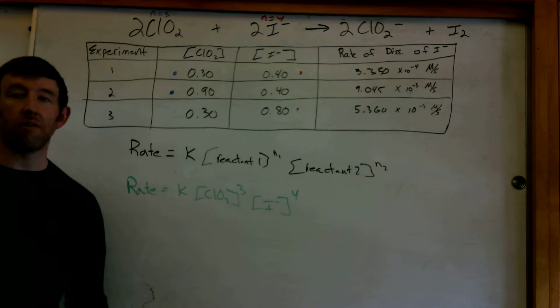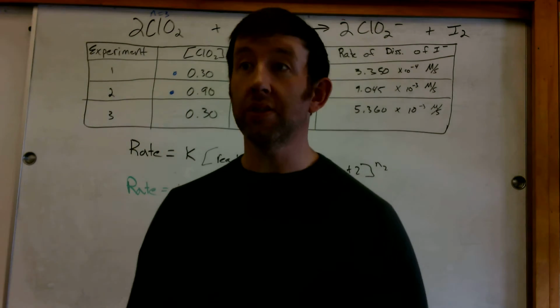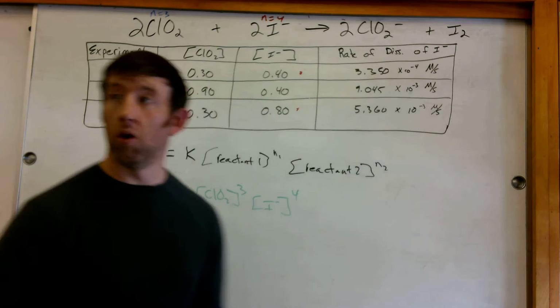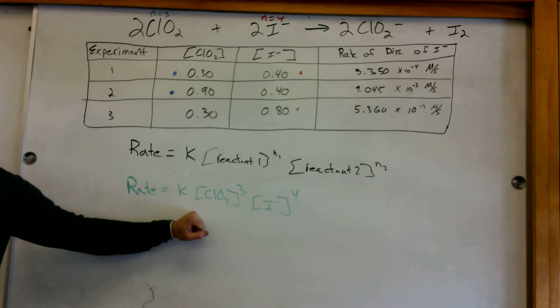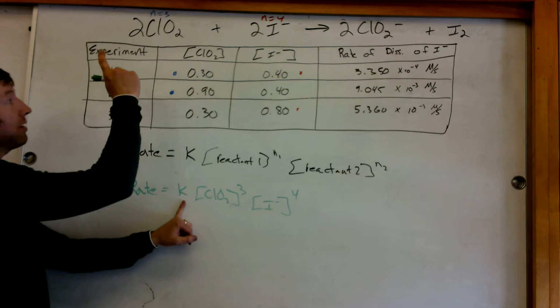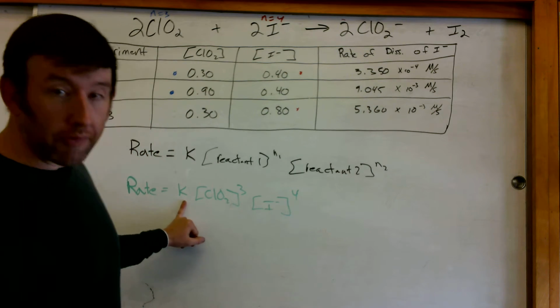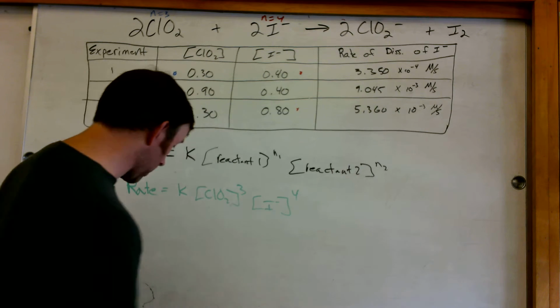So that would be the rate law for this particular reaction. And if I want to know what my rate constant is, I'm going to solve for k, and I'm going to plug in values from one of these reactions. I'll just pick reaction 1, since it's the top one.